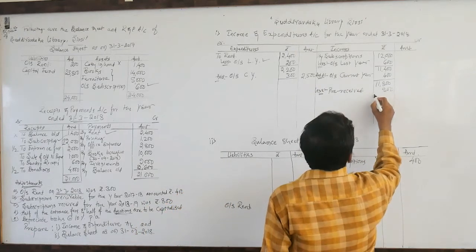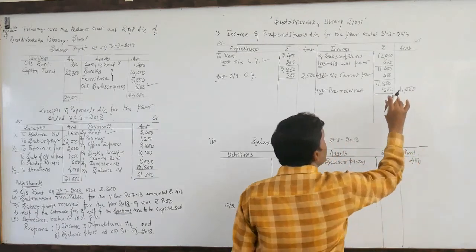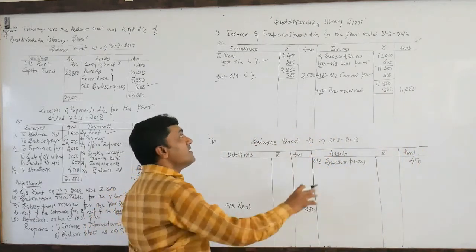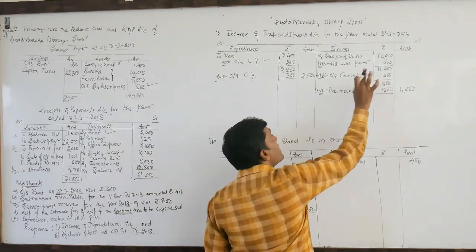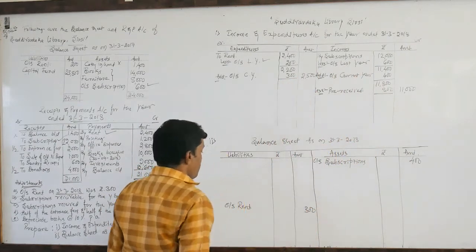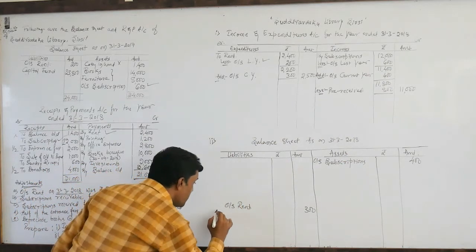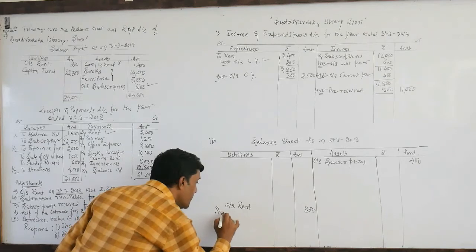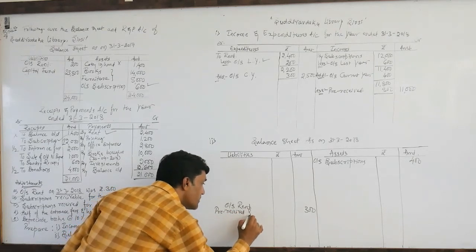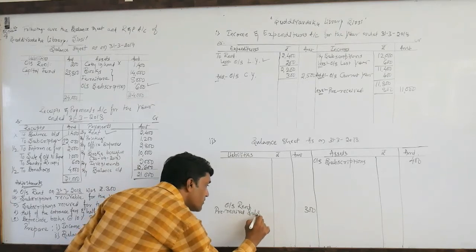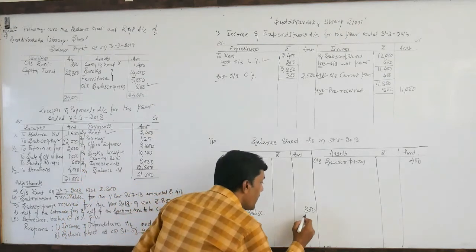With this, we can say subscription for the current year is 11,000. This pre-received subscription was also included in this amount. So that is to be shown on the liability side of the balance sheet as pre-received subscription, 800.